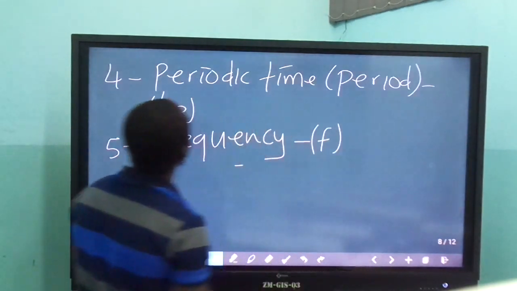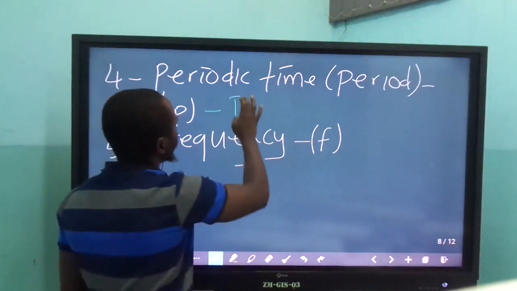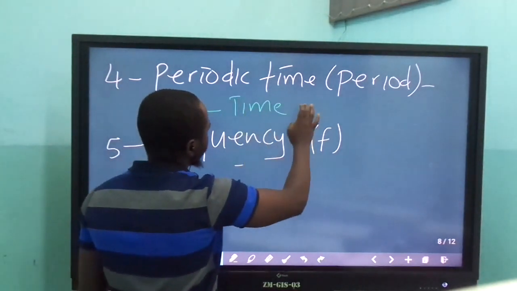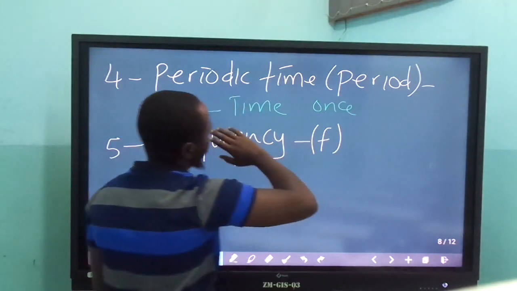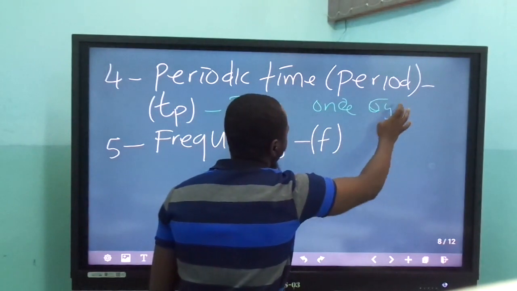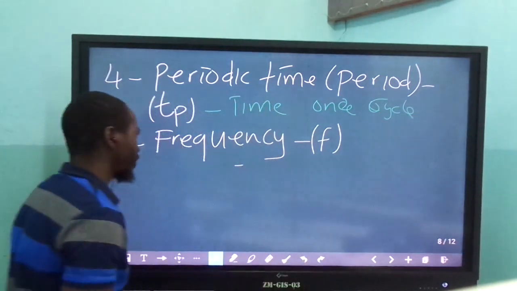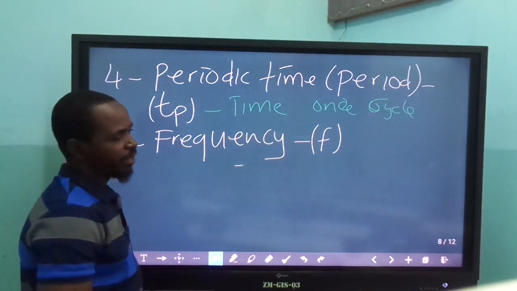So the period is the time taken to complete one oscillation or one cycle, whichever language you use. And then you've got a frequency.